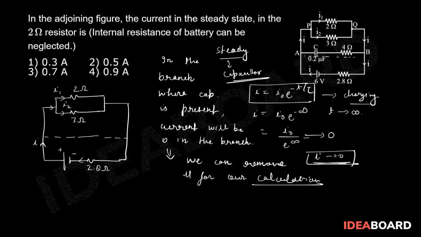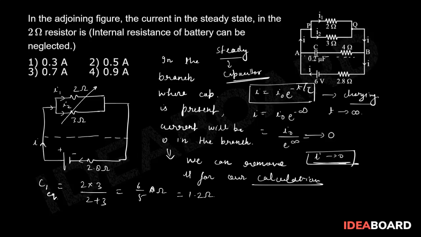So you can first of all find the equivalent resistance of these two. Let's say R1 equivalent is equal to 2 into 3 divided by 2 plus 3, because both are in parallel. So this is going to be 6 by 5 ohm, which can be written as 1.2 ohm.